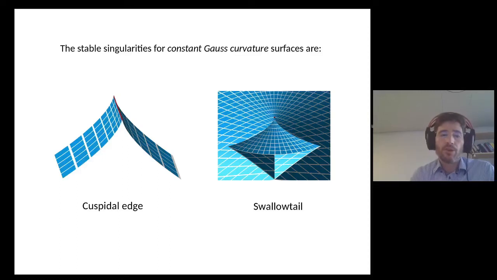What you can show is that the stable singularities for constant Gauss curvature surfaces are the cuspidal edge, it looks like the one on the left, and the swallowtail, which looks like the one on the right. The swallowtail singularity is just at that point there. Everywhere else around there you have a cuspidal edge, and the curve that makes that cuspidal edge has a cusp point in the image just there.